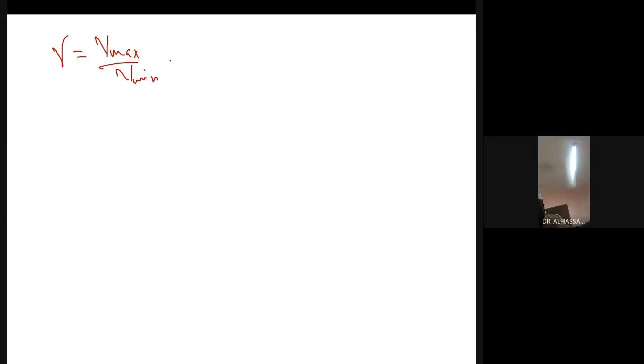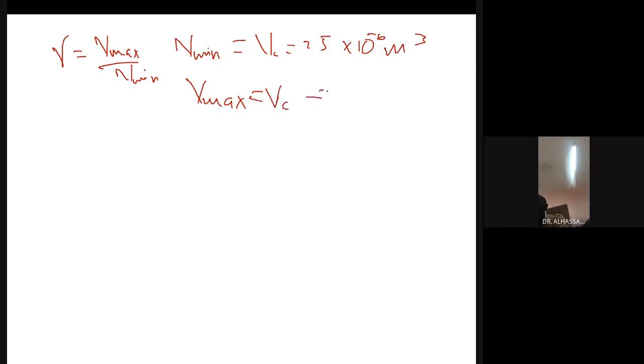V minimum is given by the clearance volume, so V minimum equals VC, which equals 25 times 10 raised to the power minus 6 meter cube. And V max equals V minimum, VC, plus VD, the displacement volume.